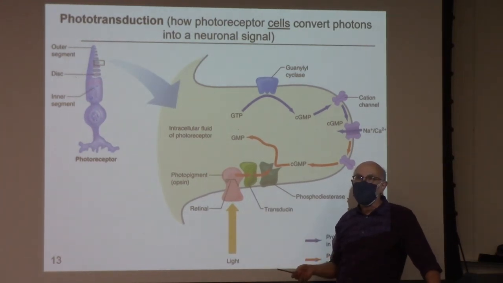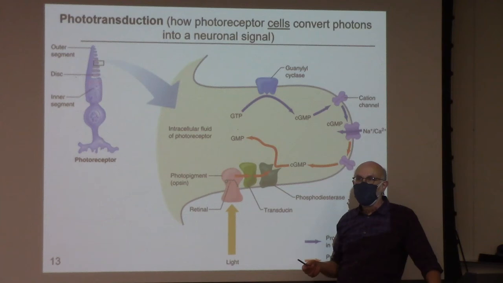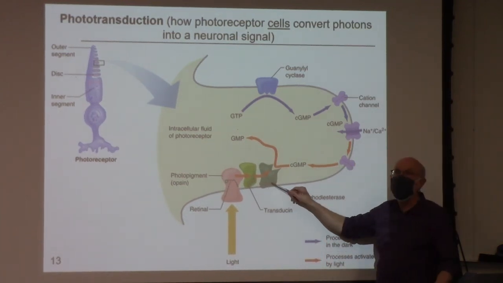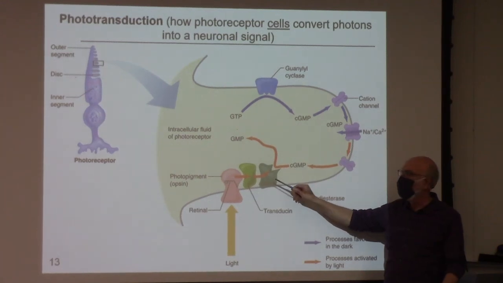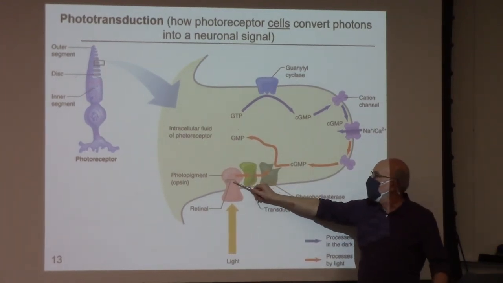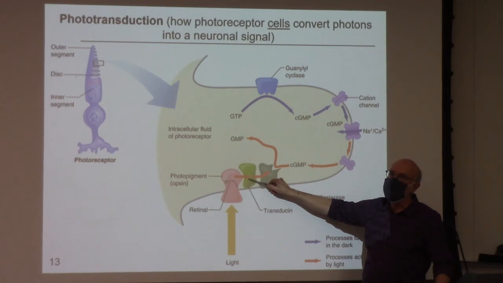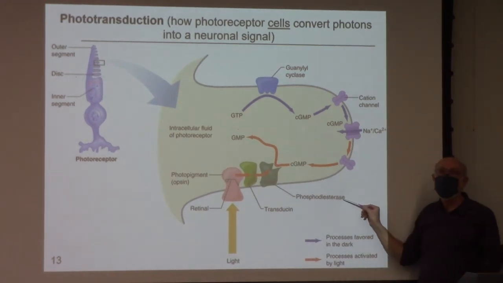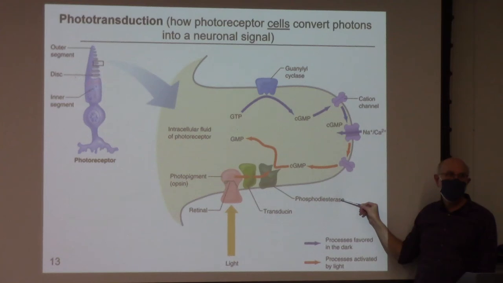Alpha separating from beta gamma. The active alpha with the GTP bound activates an enzyme. So here we are. Light, conformational change, GDP dissociation, GTP association, alpha activation activates an enzyme called phosphodiesterase.